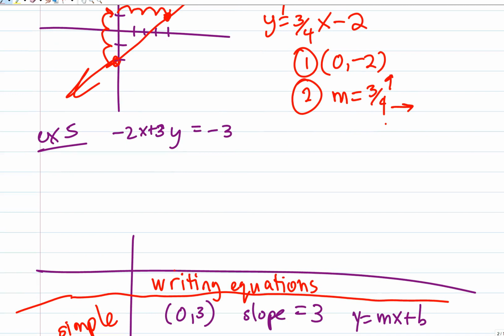Well, let's put it in y equals mx plus b. How would you do that? Talk me through it. Add the what? If I do it to one side, what is left on the left side? 3y equals.